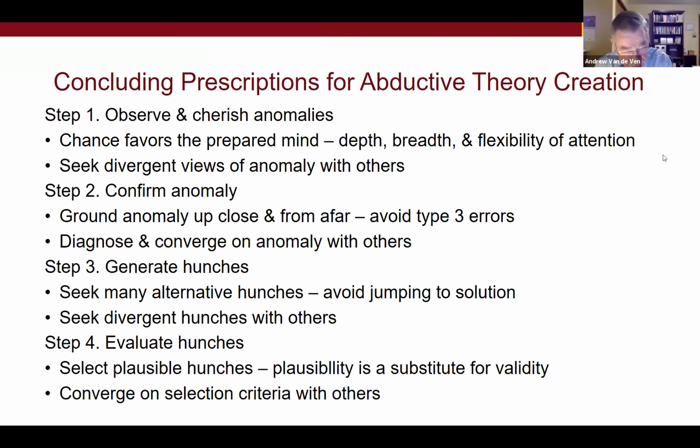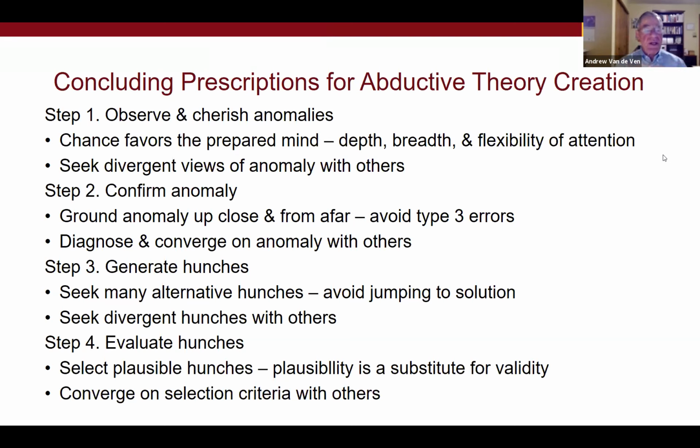It's also to avoid frivolous cases that are thrown out in courts of law. And this requires diagnosing and converging on anomalies with others, not just by yourself. Notice we're talking about theory building and theory creation as a collective achievement more than an individual achievement.